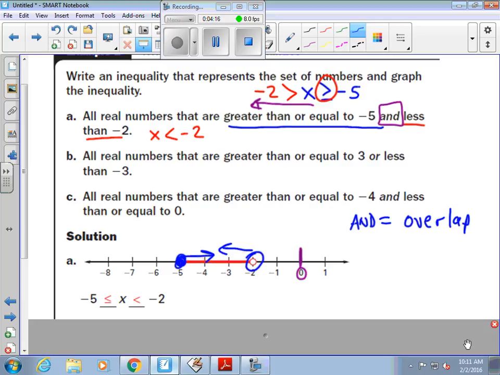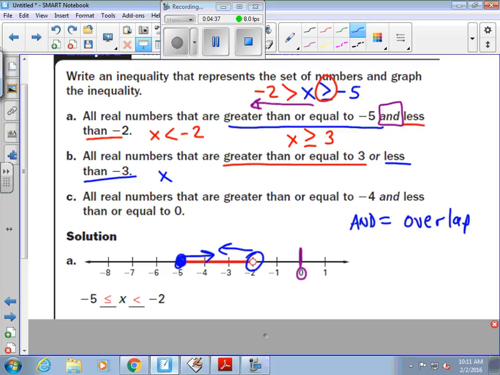The second one says all real numbers that are greater than or equal to 3. So here we go. Greater than or equal to 3. X is something 3. Greater than or equal to, we know, is this. Or less than -3.